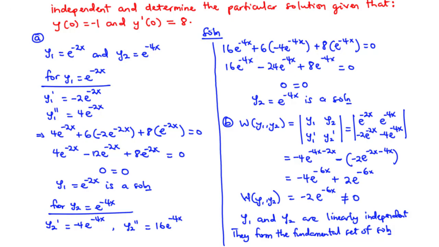So the next thing we are going to do is to use the principle of superposition to obtain the general solution. So by the principle of superposition, the general solution is given by y equals C1 y1 plus C2 y2.